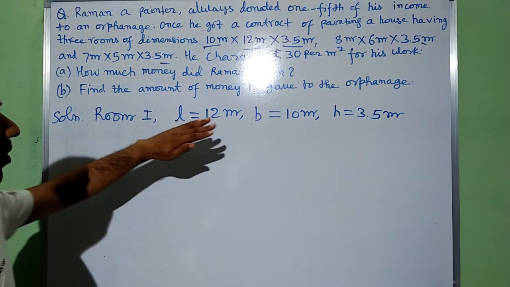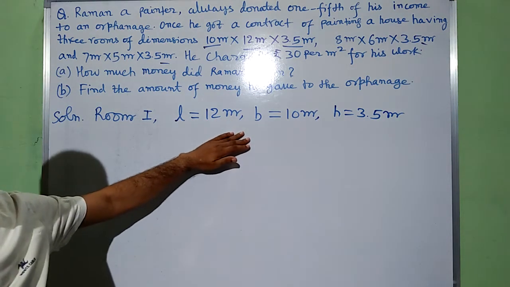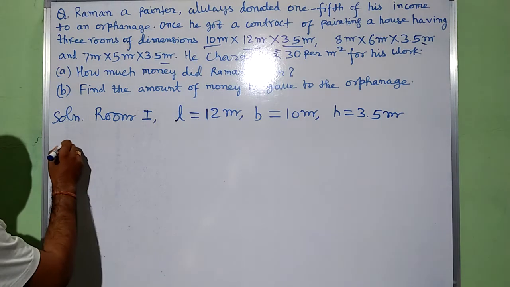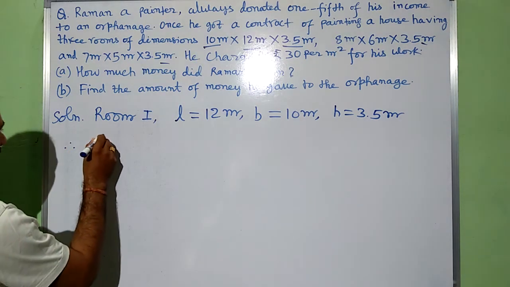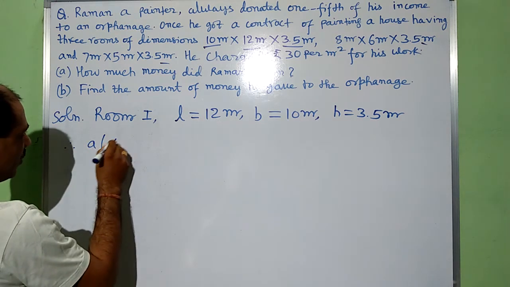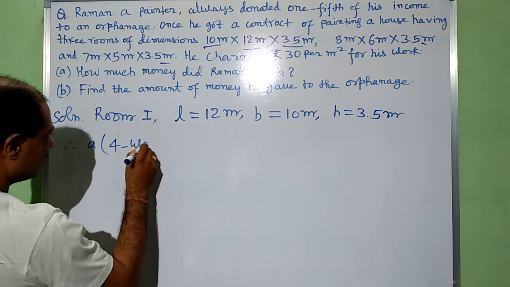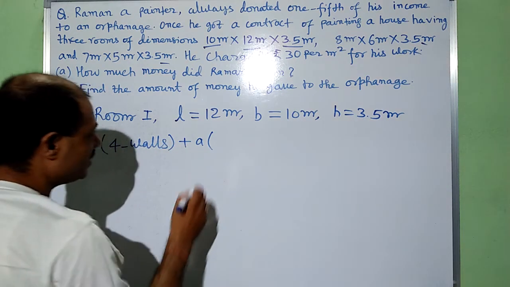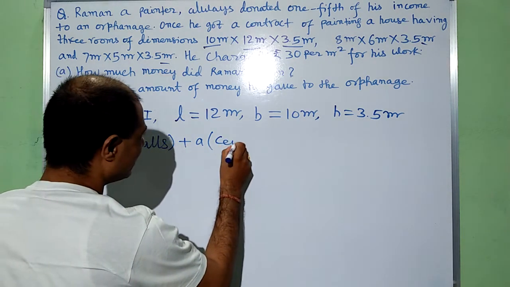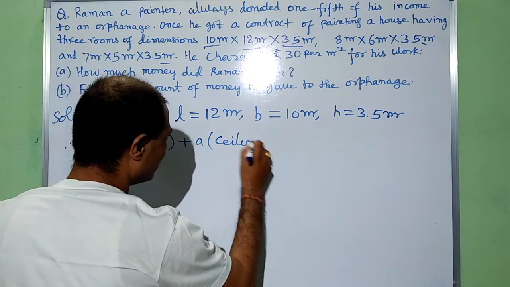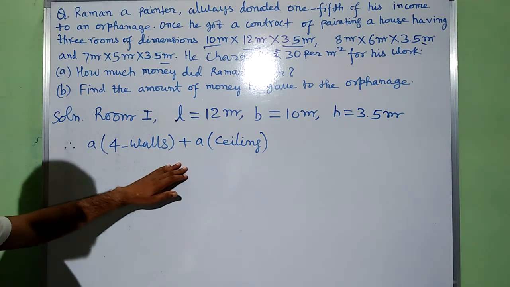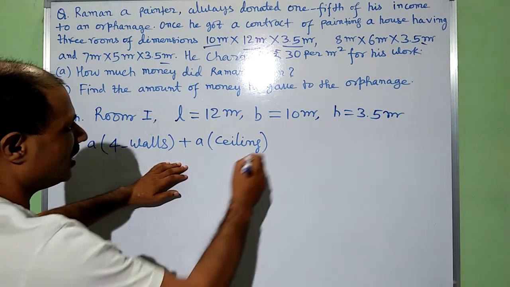Then area of all the 4 walls plus area of its ceiling will be painted. Hence, area of all the 4 walls plus area of ceiling, because these parts will be painted. We can calculate it like this.